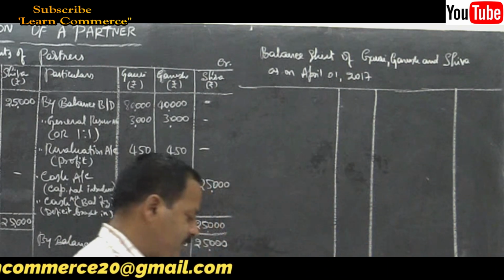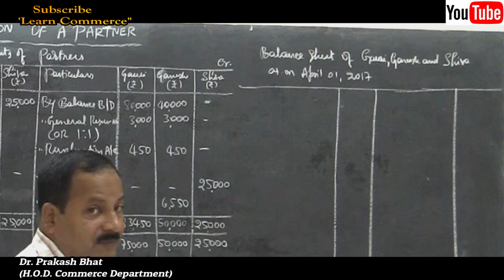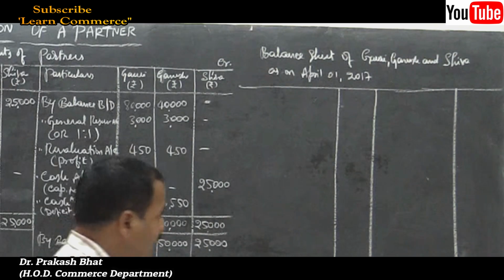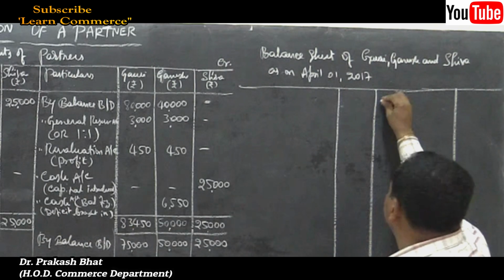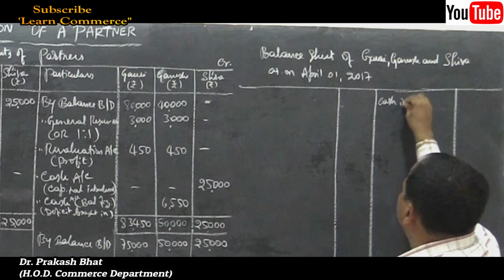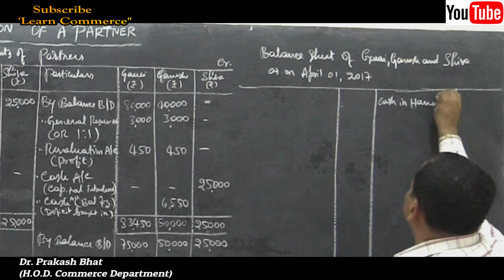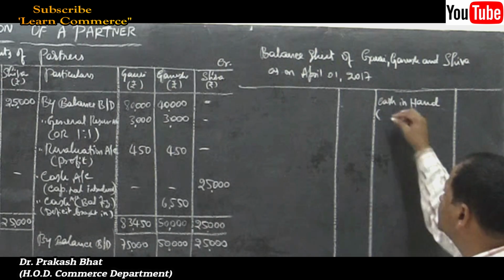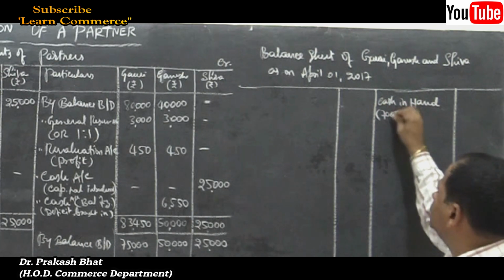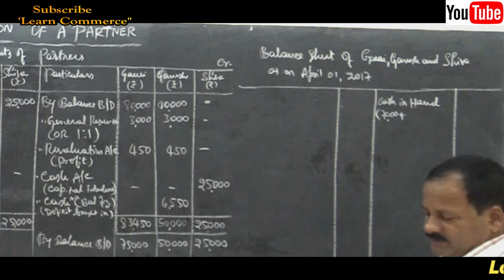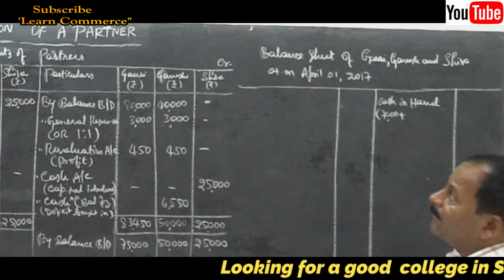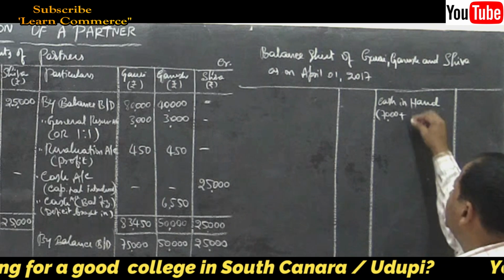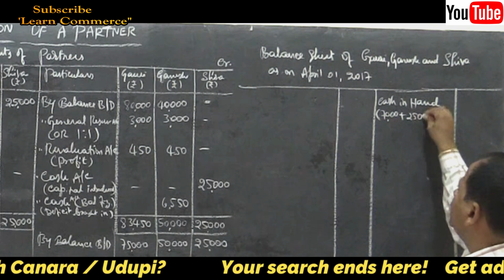Now let us start with the most liquid one, cash in hand. Cash in hand, within bracket, opening balance was 7,000. Add cash brought in by Shiva towards capital 25,000.